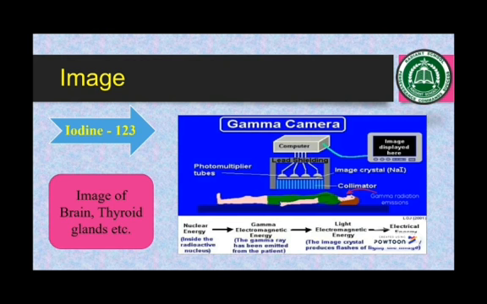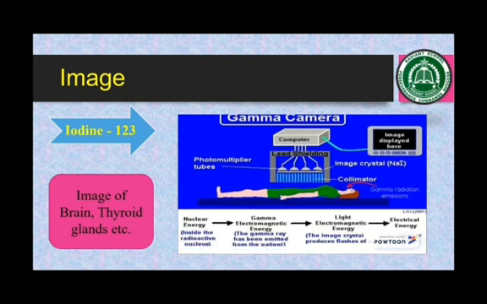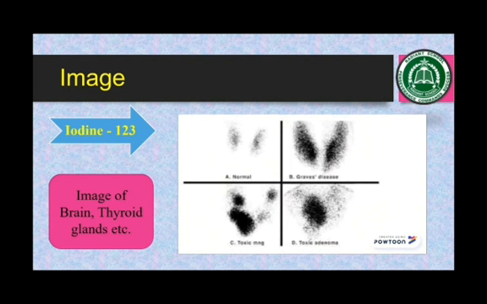These radiations create a picture of the thyroid gland for examination. For example, in this picture, dark areas show more absorption of iodine 123. If there is any sign of thyroid disease, the person may undergo treatment with iodine 131.